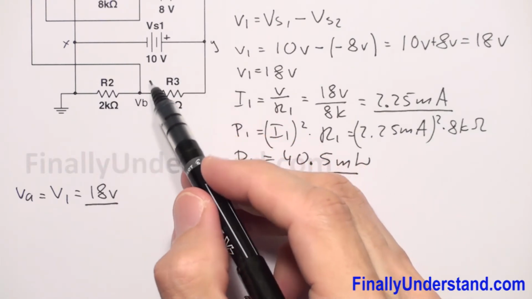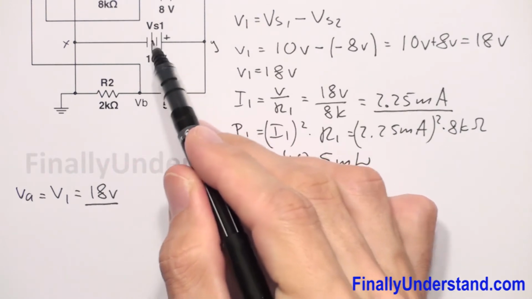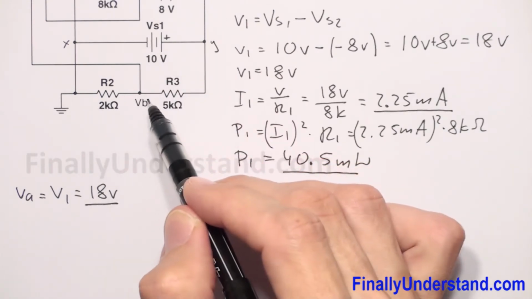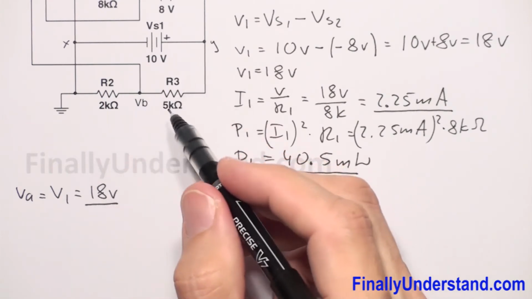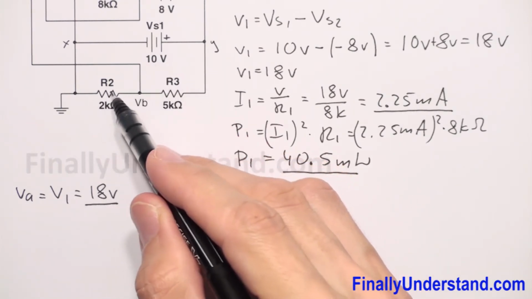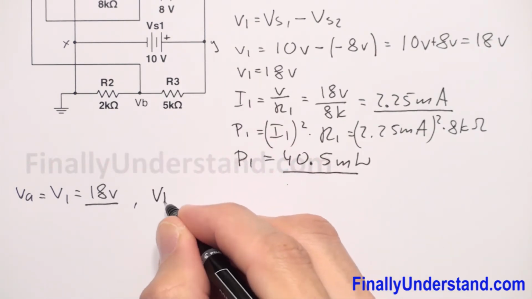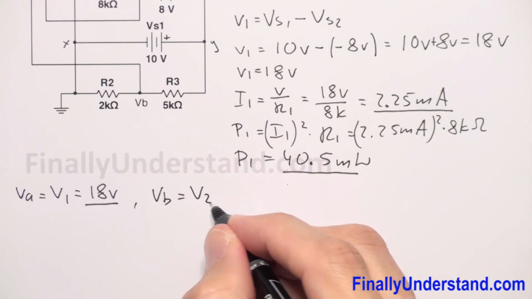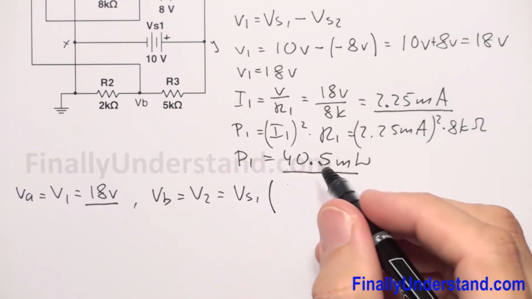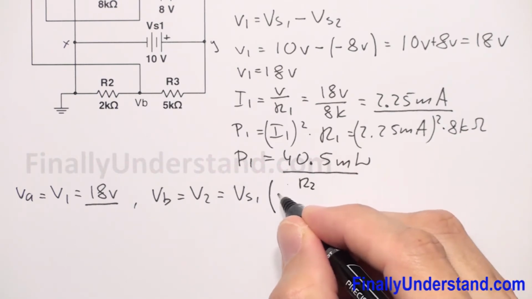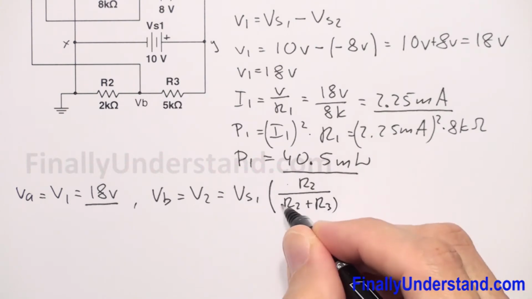Please notice that in this branch we do not have a voltage source, we have simply two resistors, and we have a voltage source connected to these two resistors, so we have a voltage divider over here. So I can use the voltage divider to find the voltage across resistor R2. I can say that my VB is equal to V2, and this is equal to voltage source 1 times R2 over R2 plus R3.